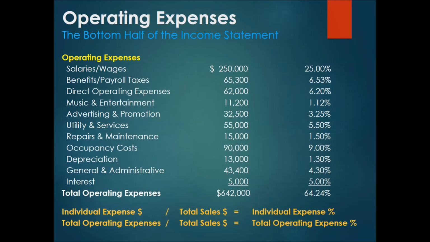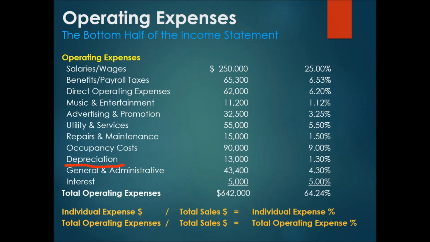That's a big chunk, which is about right. And then you add in the benefits and payroll, you're getting up there at 30, 35% for labor costs. So everything else has a percentage. And our total operating expenses, if we add them all up, $642,000 there at the bottom, represents 64.24%.